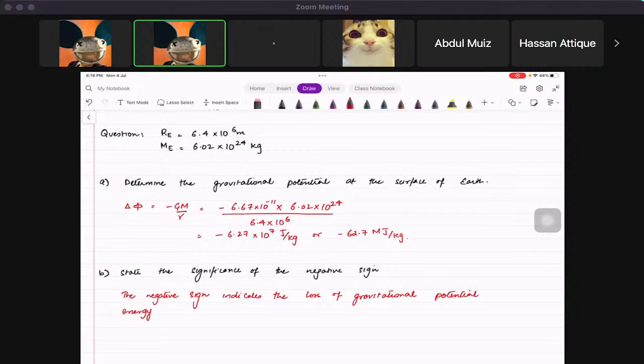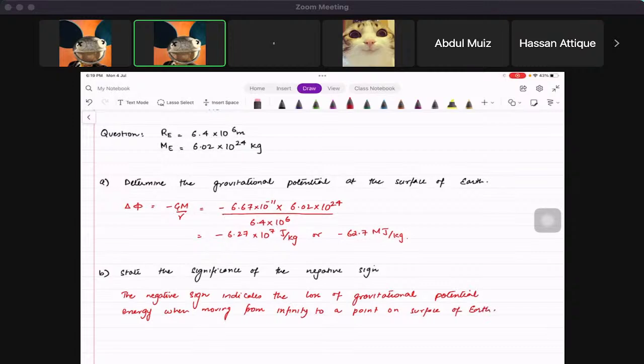So this is the same thing. When you're moving towards Earth, it means any mass is basically losing gravitational potential energy. So that's what we're going to write when moving from infinity to a point on surface of Earth. That's why it is always negative, and now it should make sense to you.